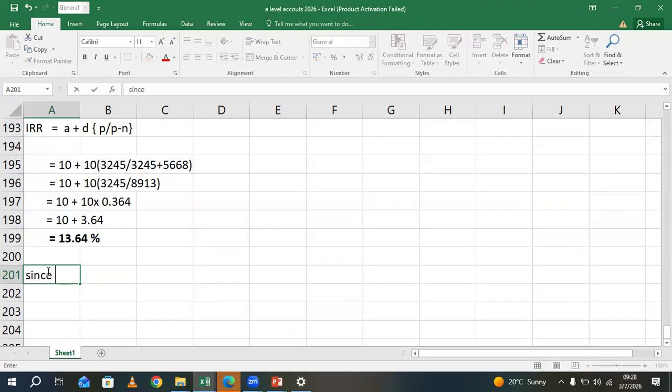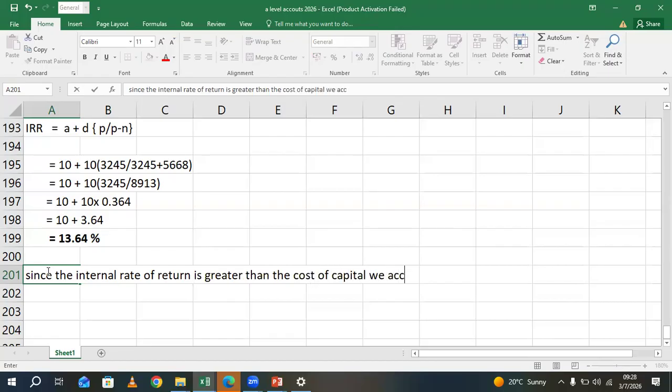So since the internal rate of return is greater than the cost of capital, we accept or we proceed with the project.